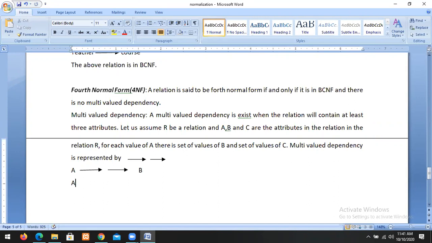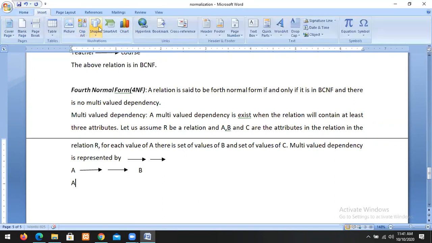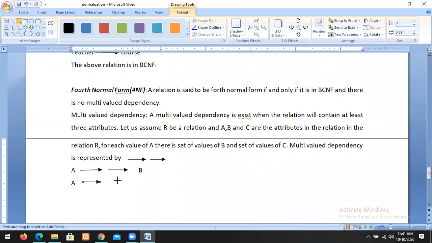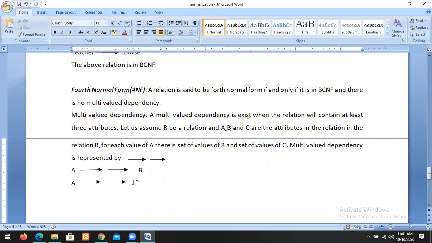Similarly, for each value of A, there is a set of B and a set of C. So for each value of A, there is a set of values of B and a set of values of C, that we call a multi-value dependency.